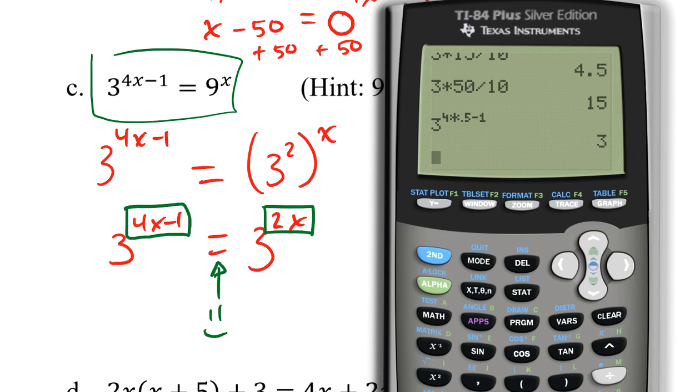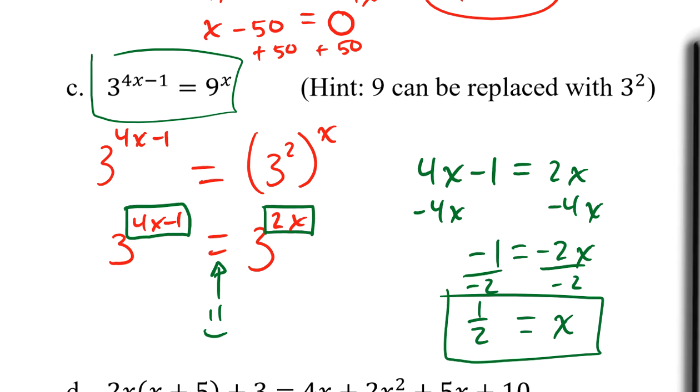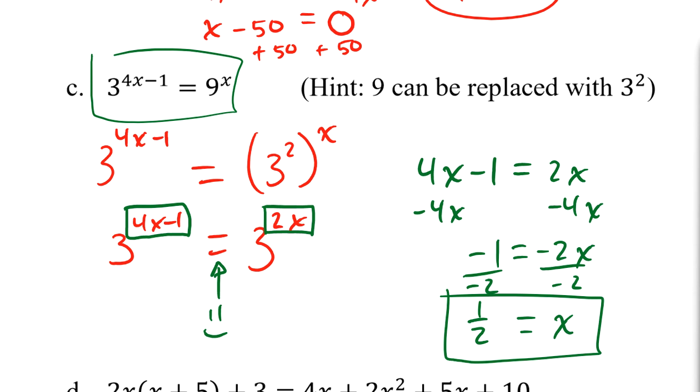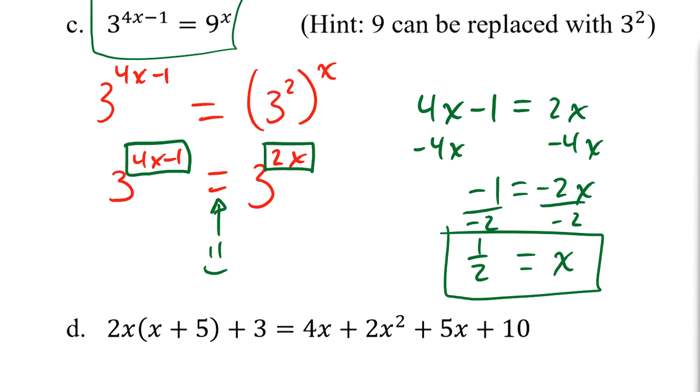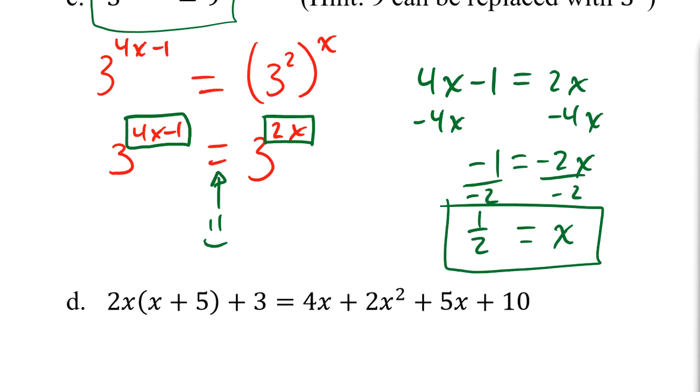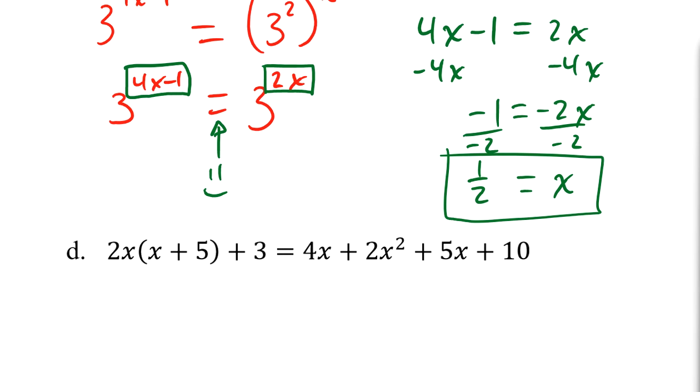On the right-hand side, I have 9. I'm going to raise that to the 0.5 power, to the 1/2 power. And when I do that, I also get 3. So when x is 1/2, it forces the left and right to both equal 3. So x is 1/2 is my solution.